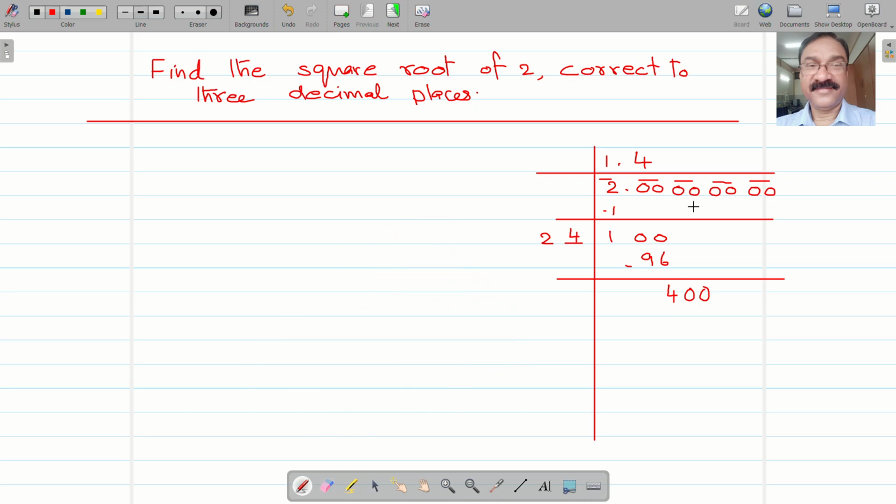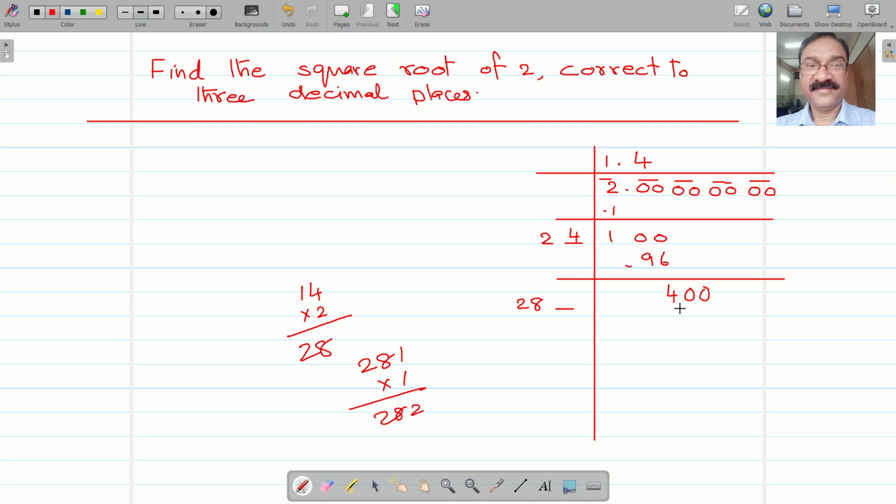Now multiply the quotient by 2 without the decimal point. That is 14 into 2, 28. We have to find a number in the unit place, like 281 into 1, then 282 into 2, 283 into 3, like that. That number should not exceed 400.